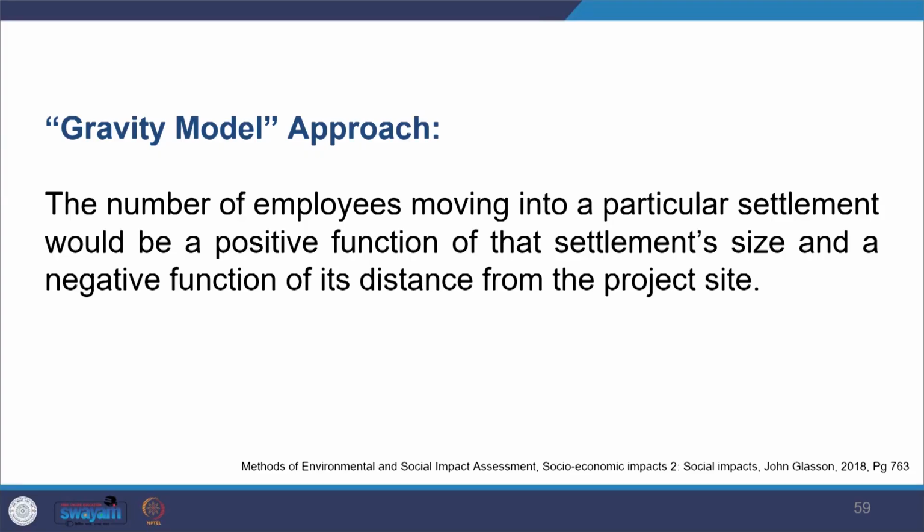And there's another very simple way of doing it: the gravity model, an approach which estimates that the number of employees moving into a particular settlement would be a positive function of that settlement's size and a negative function of its distance from the project site. So you can also adopt this gravity model.